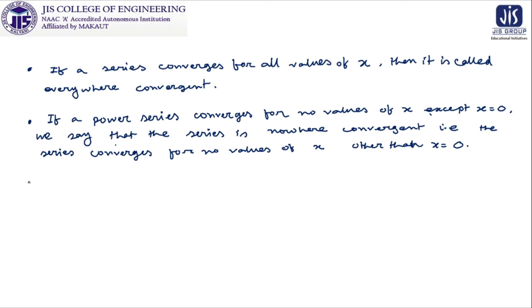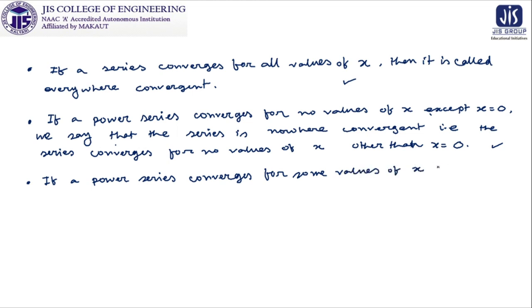And the final observation: if a power series converges for some values of x, and diverges for other values of x, the totality of points x for which the series converges is called its region of convergence.